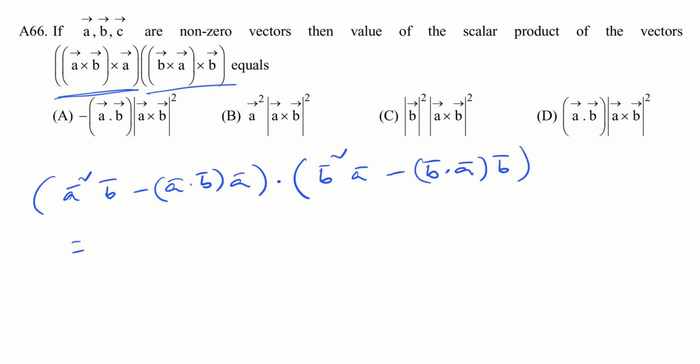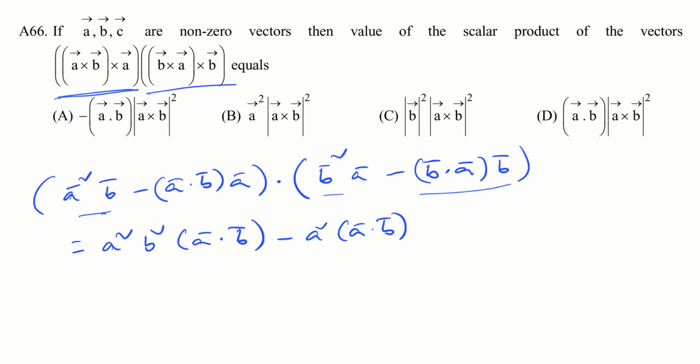So when I take the dot product, I'm going to have this into this as a square b square a bar dot b bar, and then this multiplied with this, I'll have minus a square a bar dot b bar into b square.